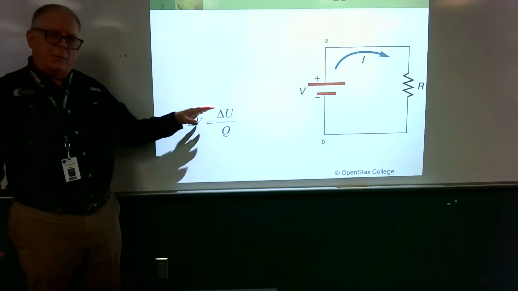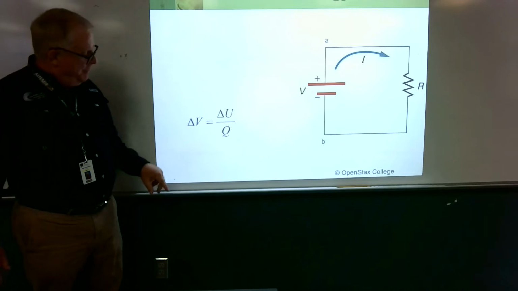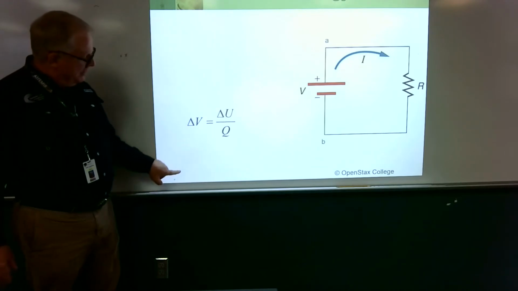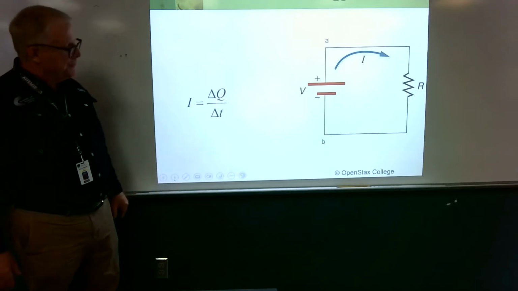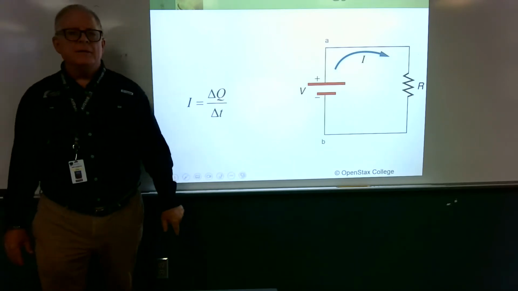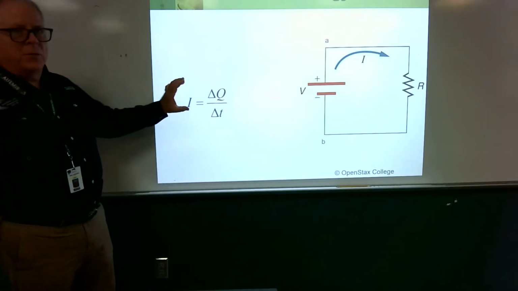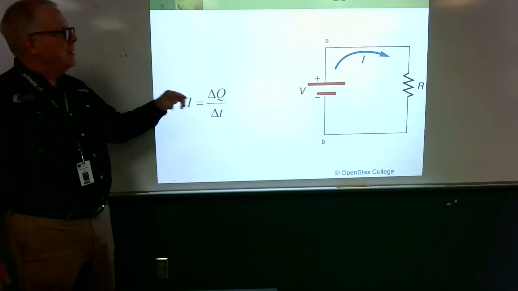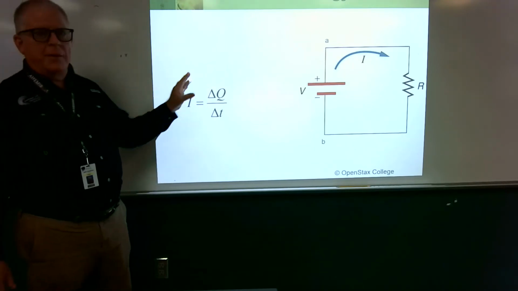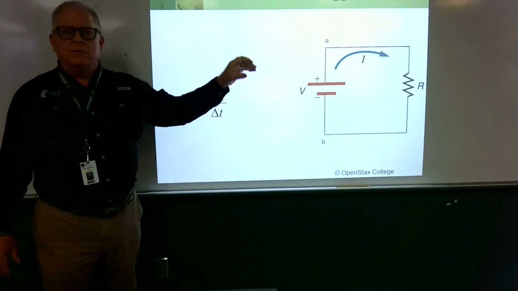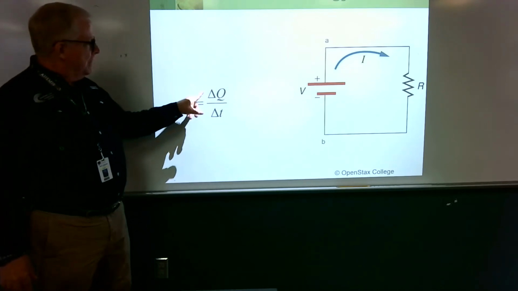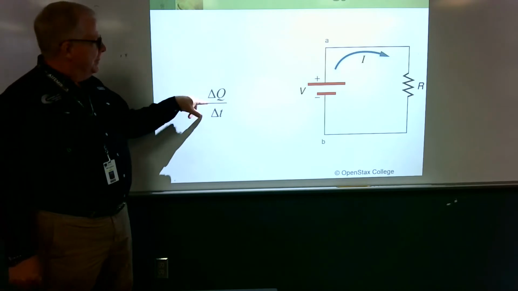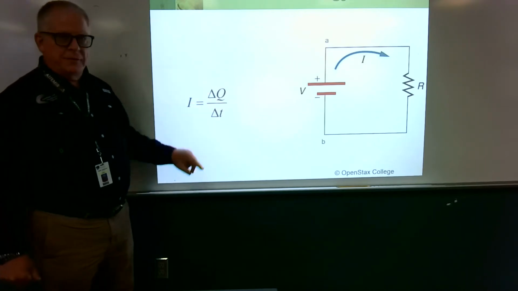Well, that's not quite what we want, though. We want the rate over time. But we have another concept that we can use, and that's the current. The current is the rate at which the charge flows over time. So the current is how many coulombs of charge flow through your circuit per second. And so the definition of current would be the amount of charge per unit of time.